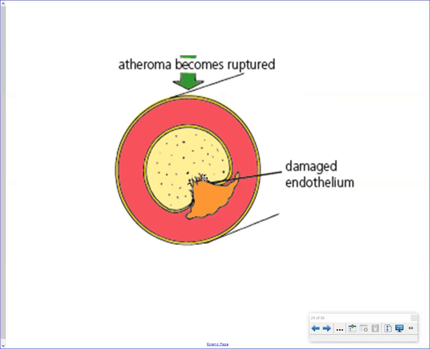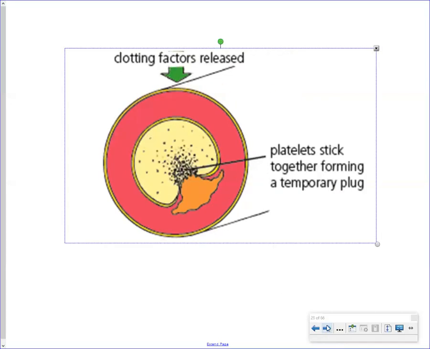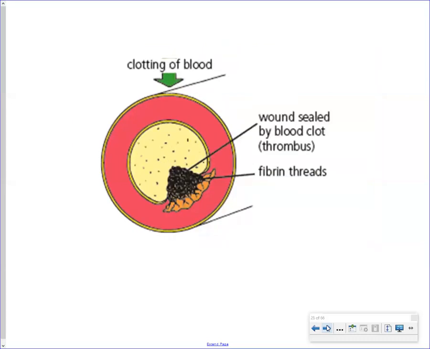The clotting factors convert the prothrombin into thrombin, which is the active enzyme. And then the thrombin converts fibrinogen into fibrin, and that creates this thrombus or a clot.